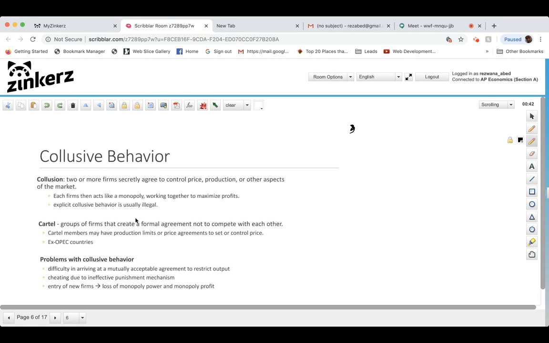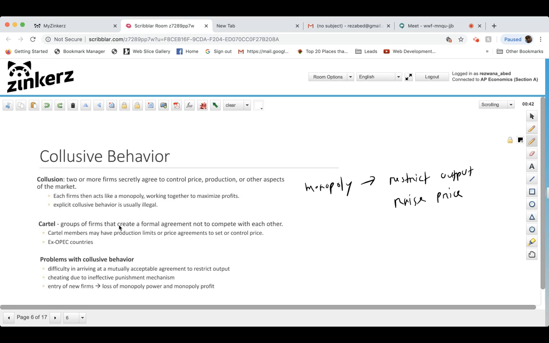You cannot do this because, essentially, you work together with another firm to create a monopoly, right? So you restrict output and you raise your prices, and that's not beneficial for society. So government doesn't like it when firms collude, so that's why it's illegal, right?